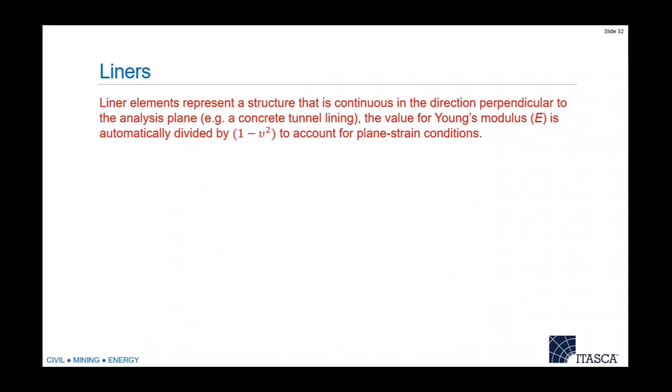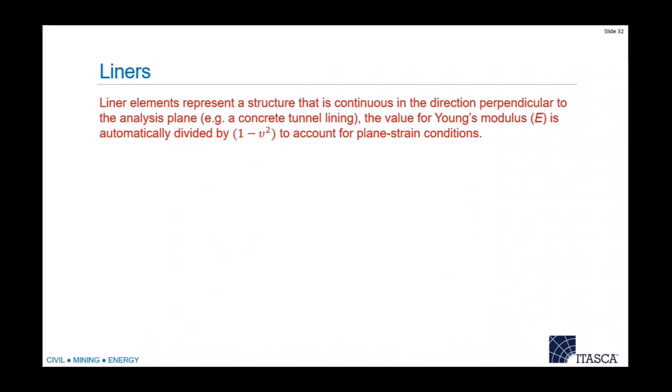That's how it is. We have ideas of introducing plane strain elements into the code, but an easy way of creating a plane strain element is just by dividing by 1 minus nu squared. And that is always automatically done for liners.